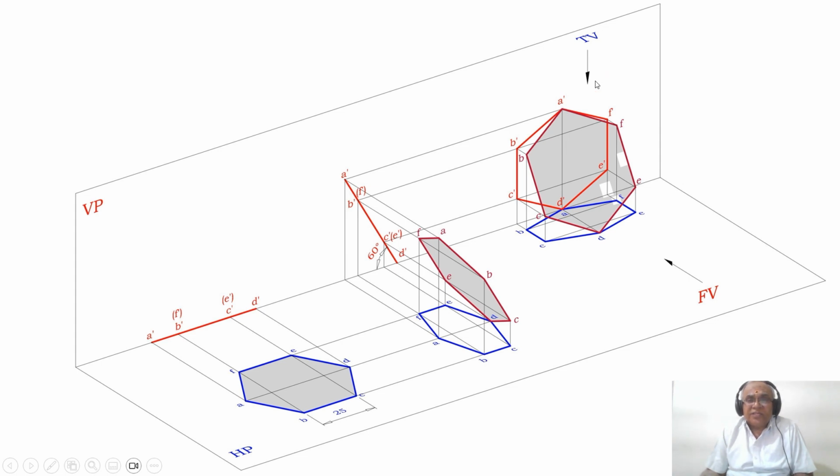Then as you look from the top view, draw a vertical projector from B and C to the HP. D is already there, A is on VP. Then draw a vertical projector from E and F to the horizontal plane. Then join ABCDEF. This is the image ABCDEF for this three-dimensional sketch.